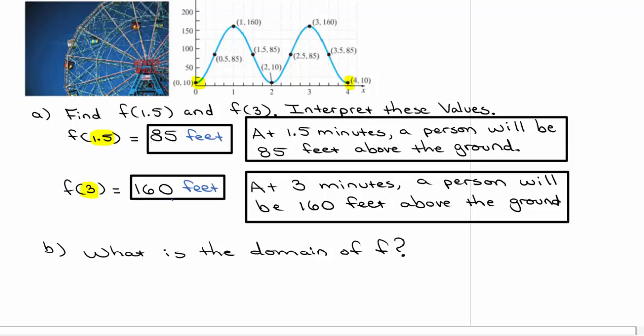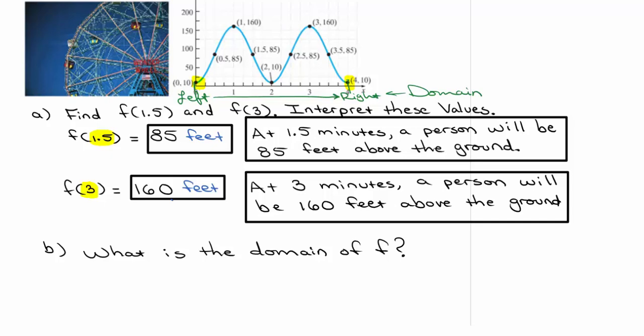So remember, you're starting on the leftmost value for x, or the smallest value for x, and you're working your way right to the largest value for x. That's how we look for domain. You need to train your eyes to look from left to right.